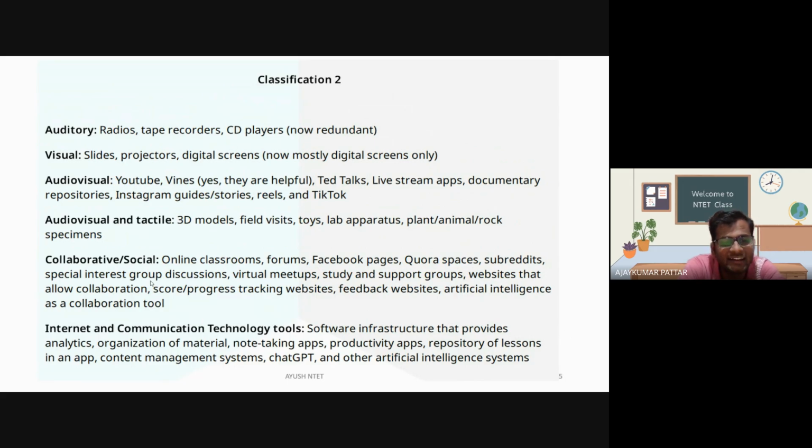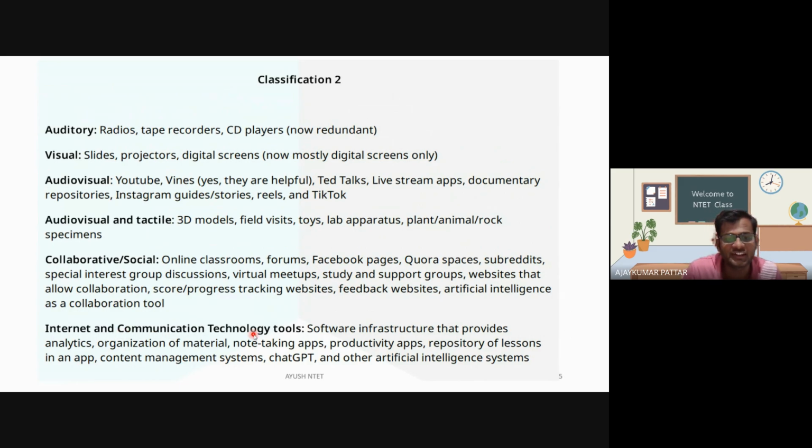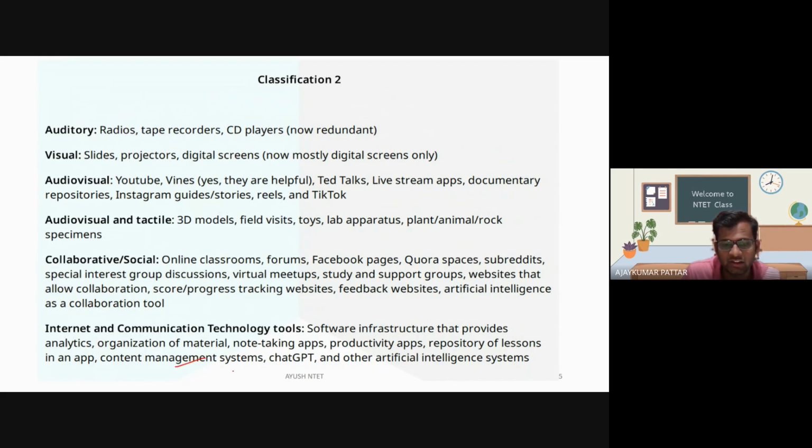Then internet and communication technology tools: software infrastructure that provides analytics, organization of material, note taking apps, productivity apps, repository of lessons in any app, content management systems, chat GPT, and other artificial intelligence systems.